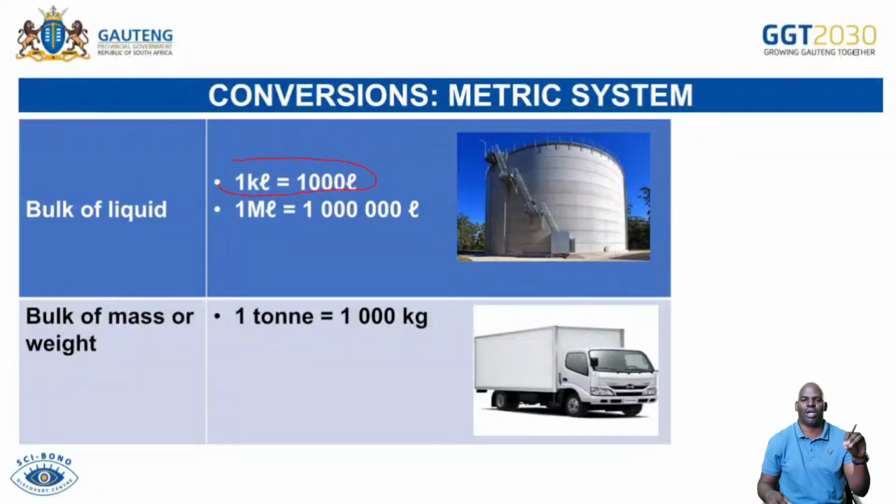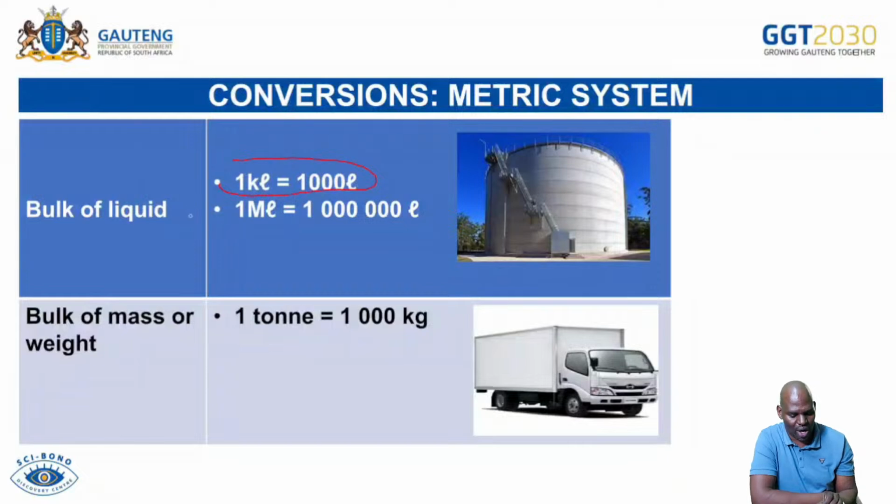They might say in the month of March, you have used 40 kiloliters. But what does that 40 kiloliters mean? It means you actually used 40,000 liters, because 1 kiloliter is the same as 1,000 liters.